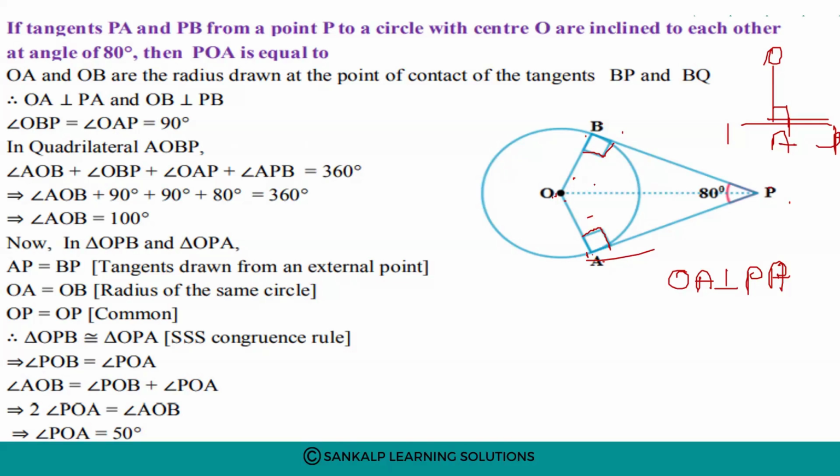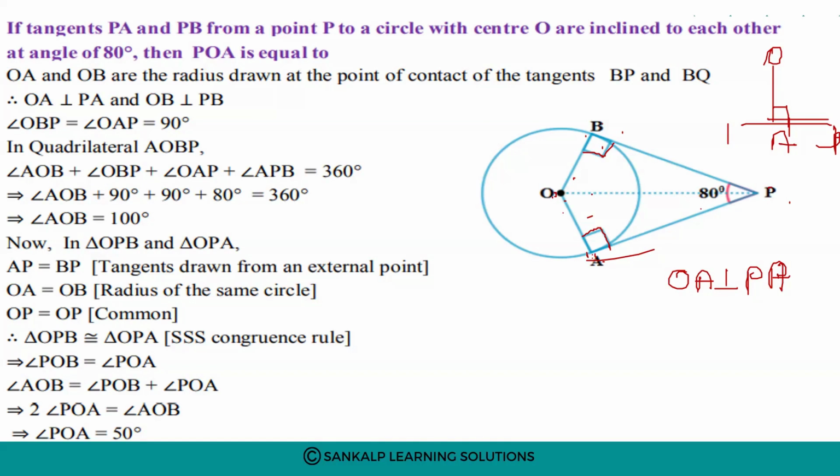In quadrilateral AOBP, this is a quadrilateral which has four sides, right? In a quadrilateral, how many angles are there? Four angles: AOB plus OBP plus OAP plus APB.